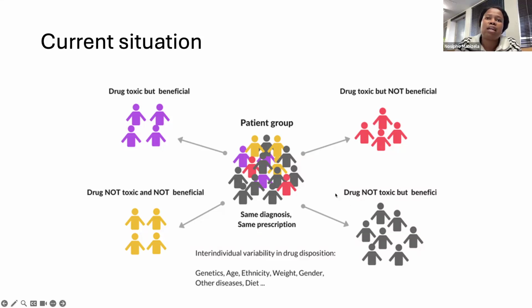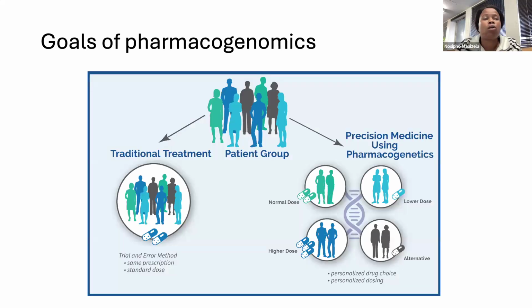I think everyone in this meeting knows this picture: currently in our setting, we are using the traditional way of giving patients medication, which is one size fits all, regardless of whether you are a poor or a good metabolizer. However, the goal of pharmacogenomics for us is to move away from one size fits all and move towards precision medicine.